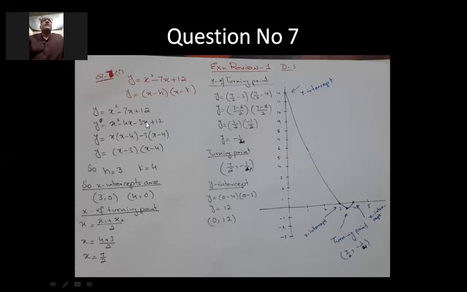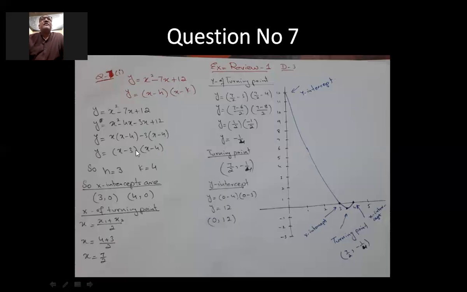From the last two terms, I will take minus 3 common, so we have minus 3 bracket x minus 4. From these two terms, you can take x minus 4 common. From here you will have x, from here you will have minus 3. So now we have converted that equation into this form.